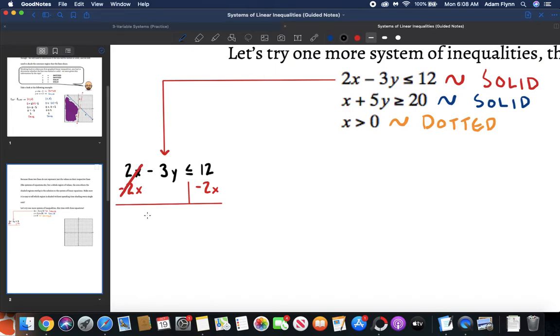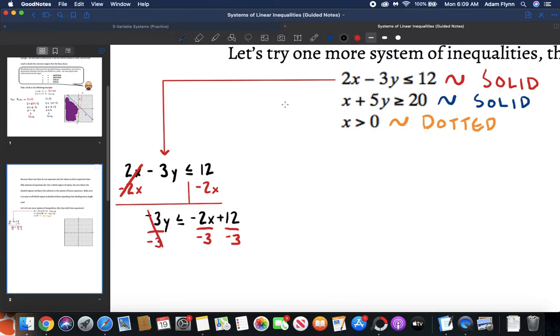And on the left side, I'm left with negative 3y is less than or equal to negative 2x plus 12. My next step, I will divide both sides by negative 3. Divide everything by negative 3. Negative 3's are going to cancel on the left side.